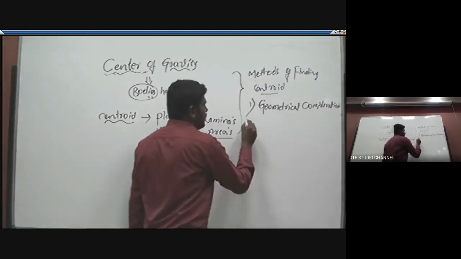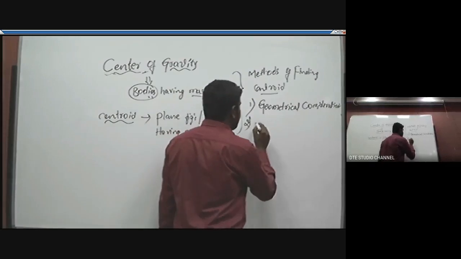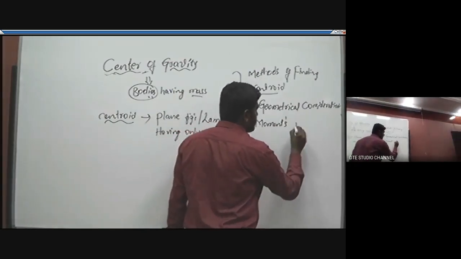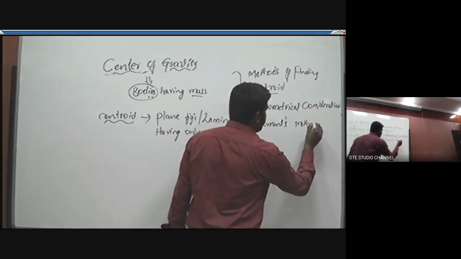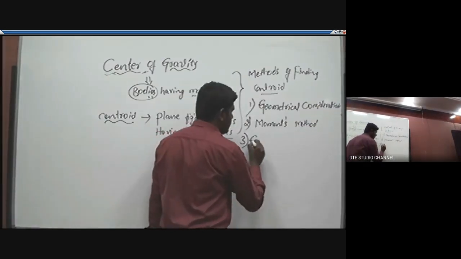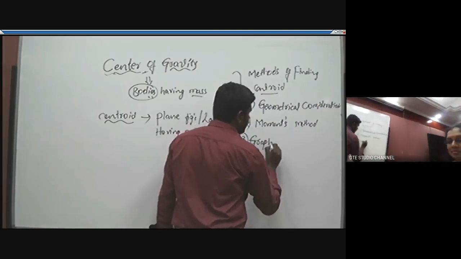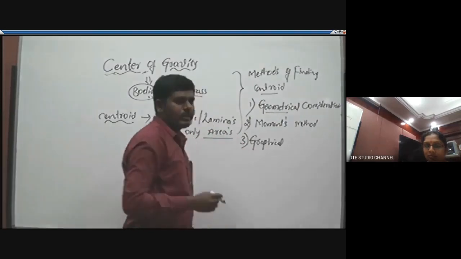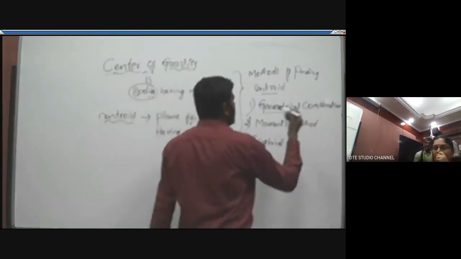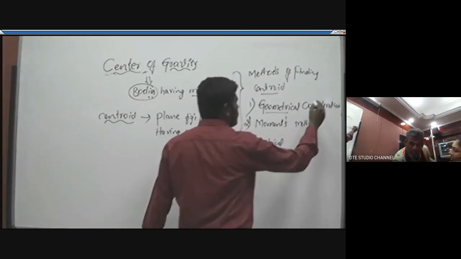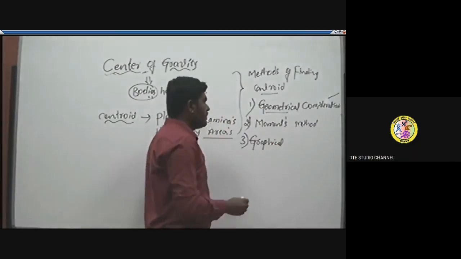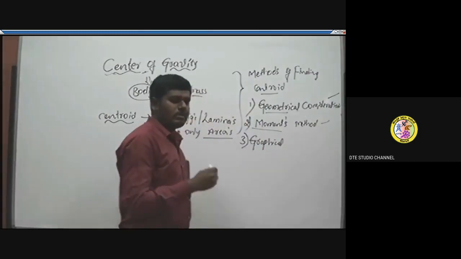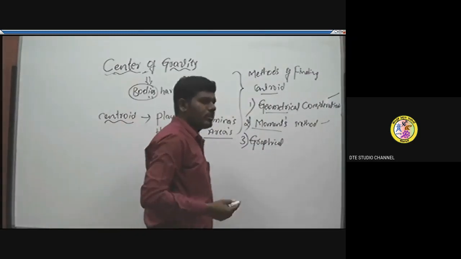And then the method of moments, and the third one is the graphical method. Out of these, we have seen one by one the way of finding the centroid for plane figures by using geometrical considerations in the last class, and then by using the moments method we found the geometrical centroid for some plane figures.